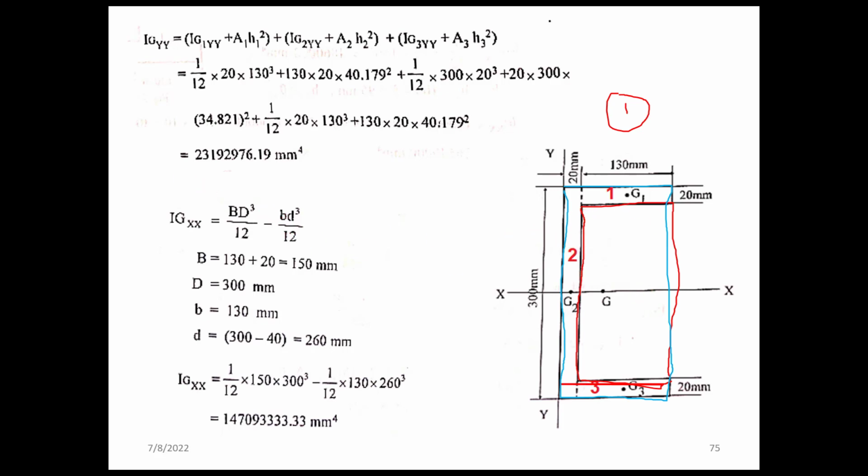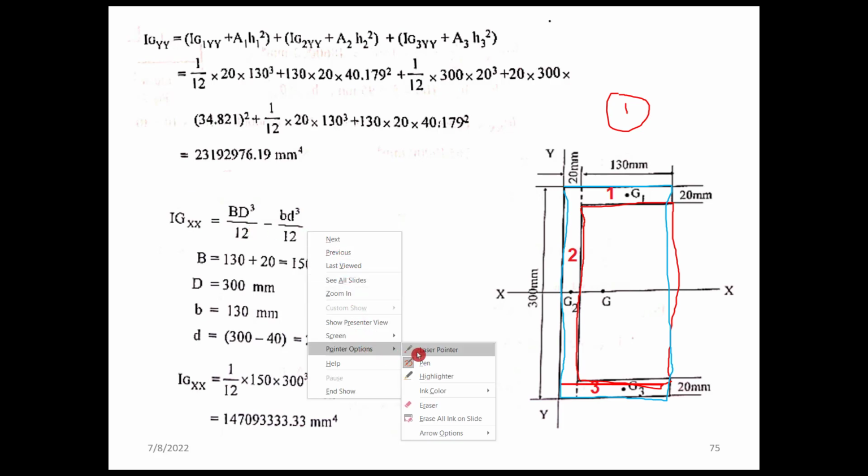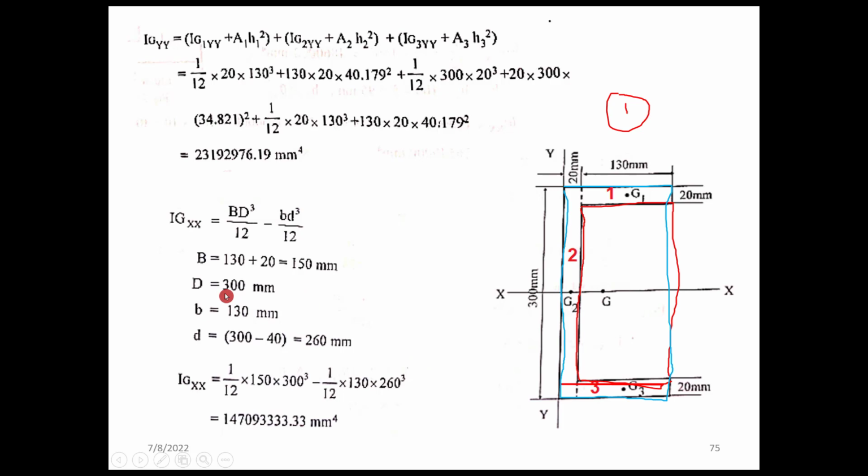Hence the values: B is equal to 130 plus 20, D is equal to 300, small b is 130, small d is equal to 300 minus 40.